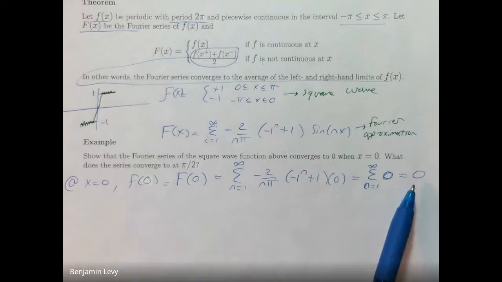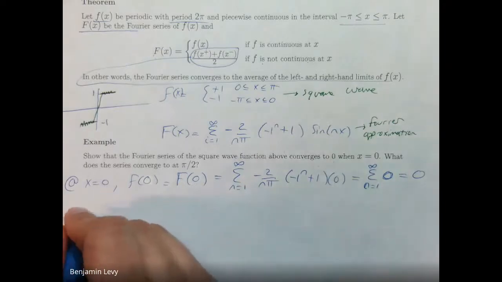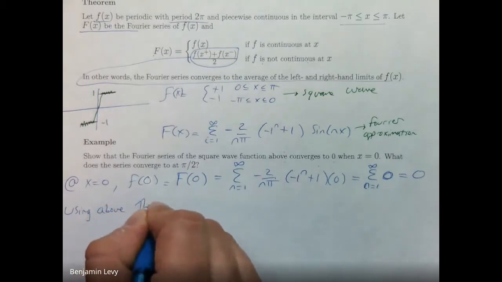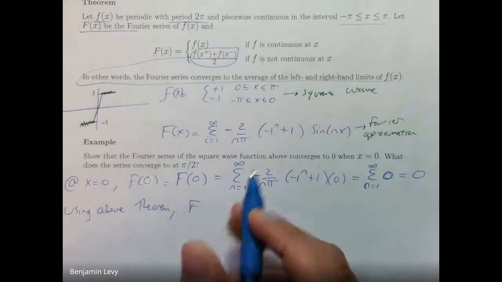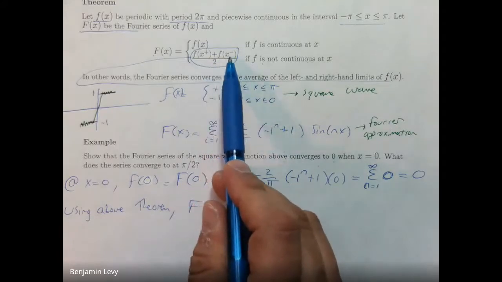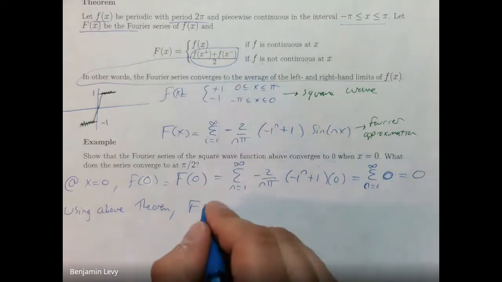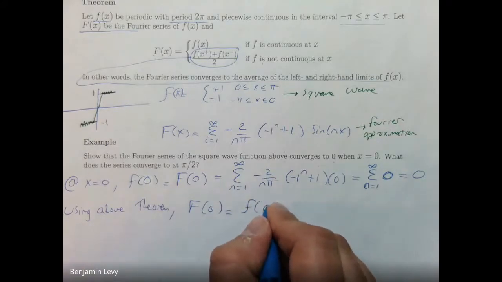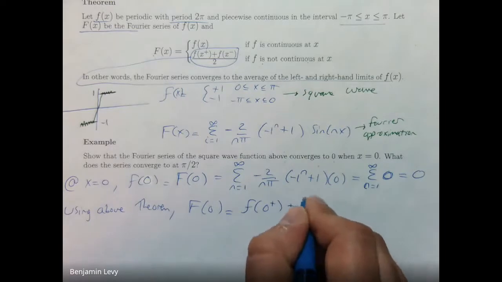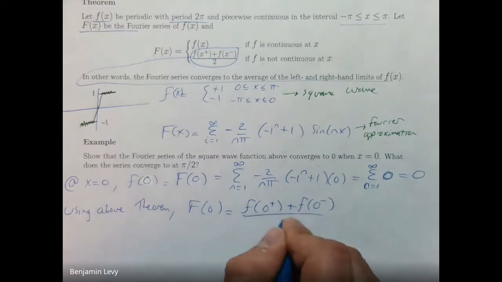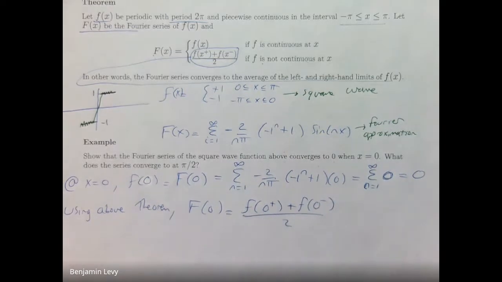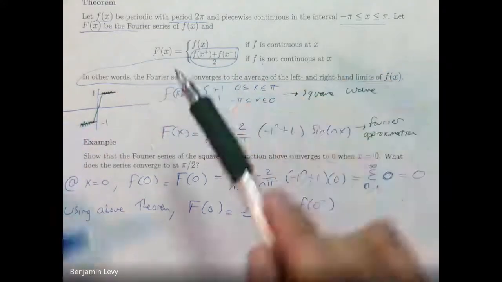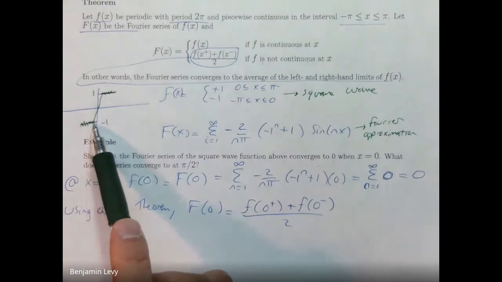And if we use the theorem, we'll also see that. So using the theorem, the above theorem tells us that it's going to cross at the midpoint between the right and the left-hand limits. So f of 0 equals little f of the right-hand limit at 0 plus little f of the left-hand limit at 0, divided by 2. In other words, approach 0 from both sides of the line up here. Right? If we approach 0 from the left, we're at -1.